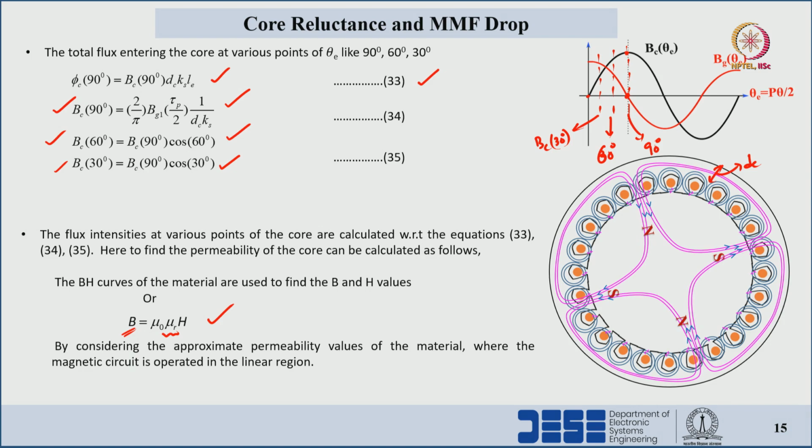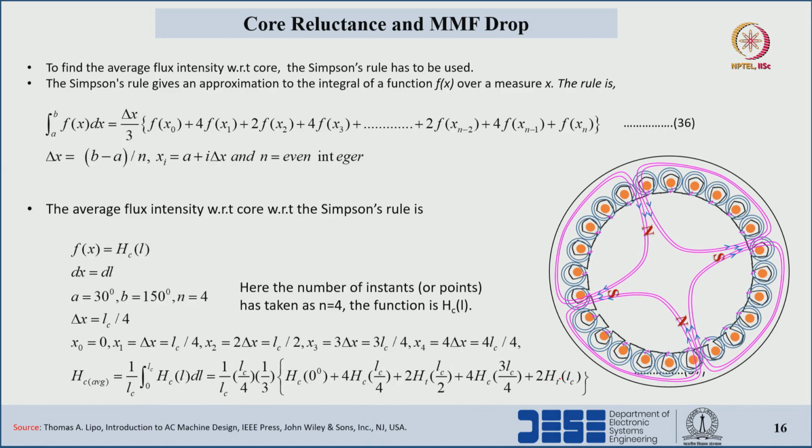So, for practical machines we have to see the BH curves. Based upon the BH curves we have to select the mu value and find the H value, the flux intensity at 90 degrees, at 60 degrees, and at 30 degrees.